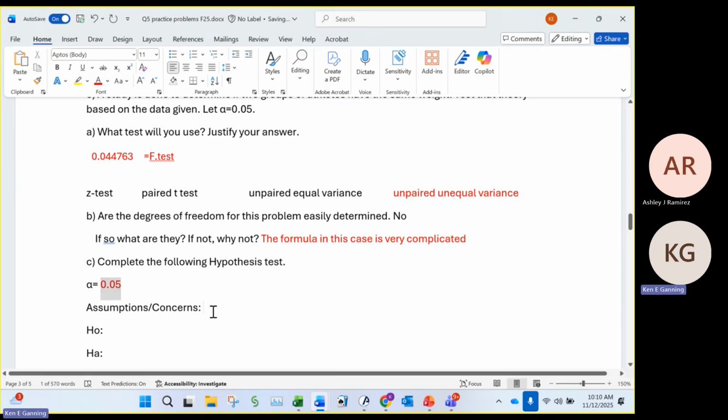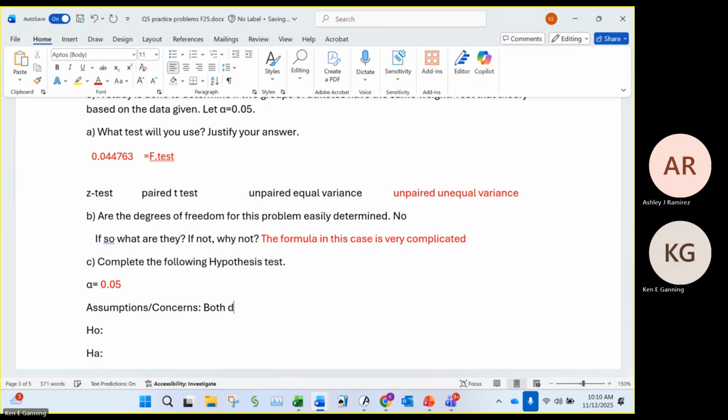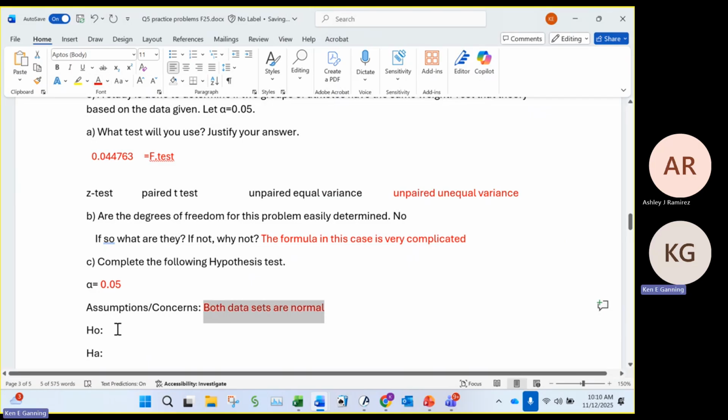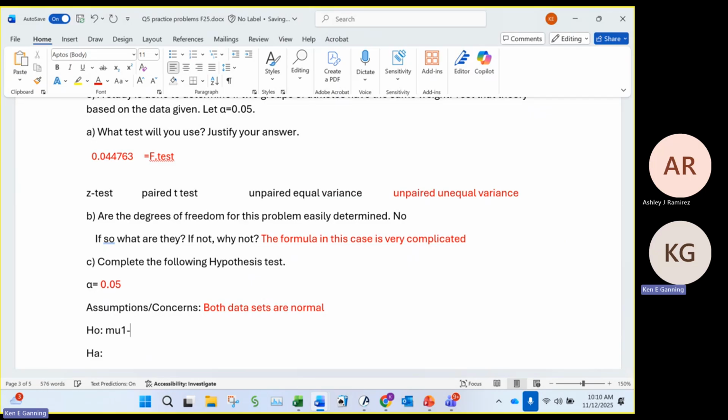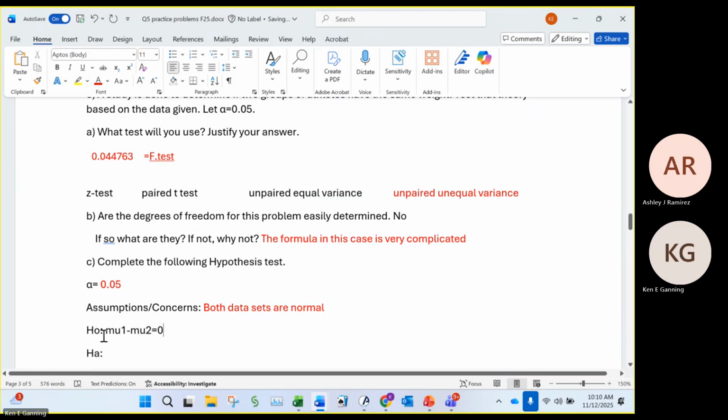Assumptions and concerns: both data sets are normal. H0: mu1 minus mu2 equals 0.